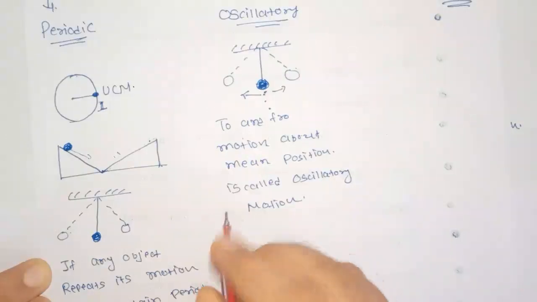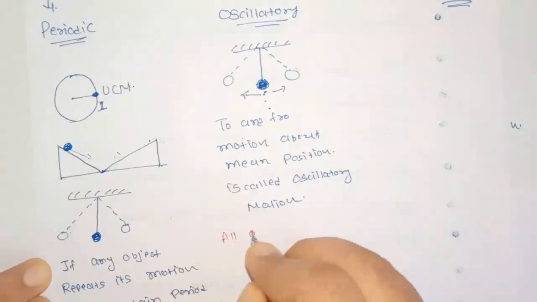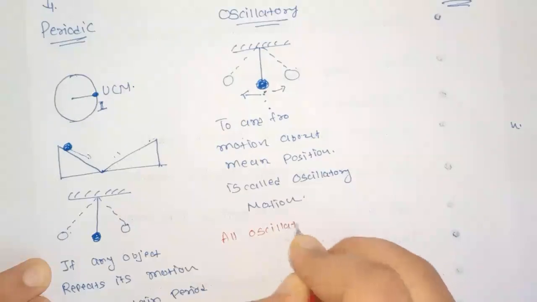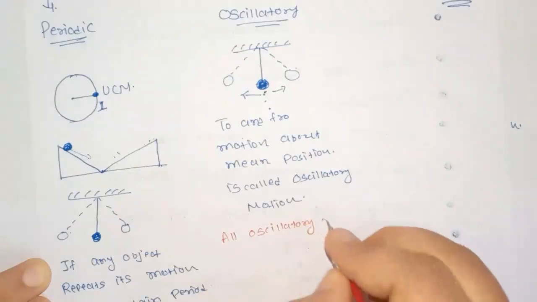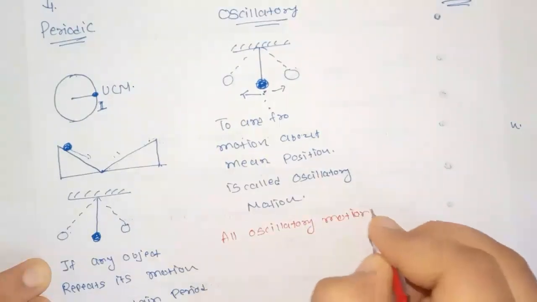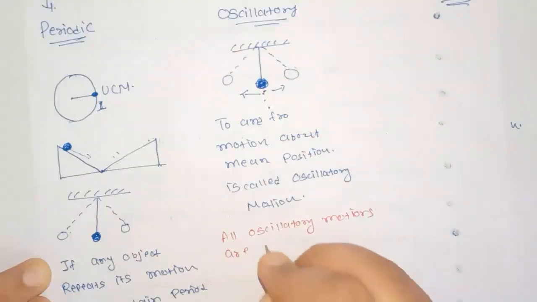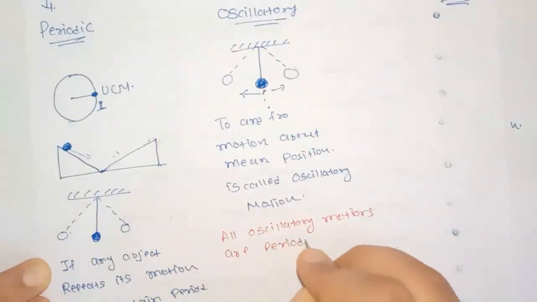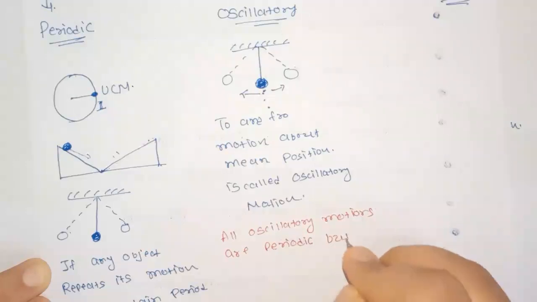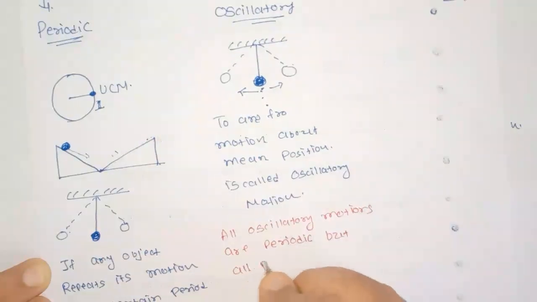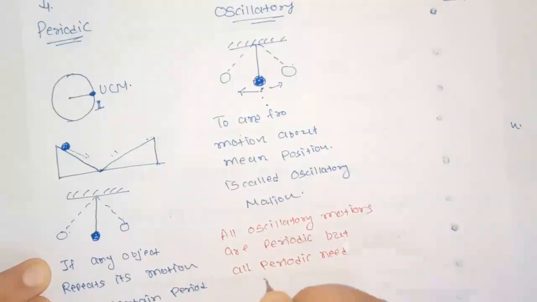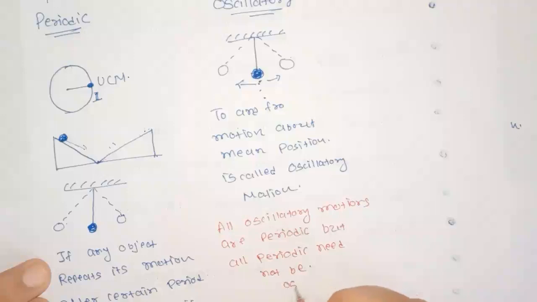Here, the important thing to note, all oscillatory motions are periodic, but all periodic motions need not be oscillatory.